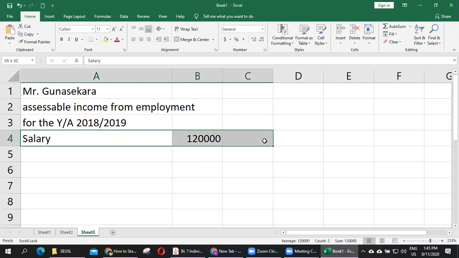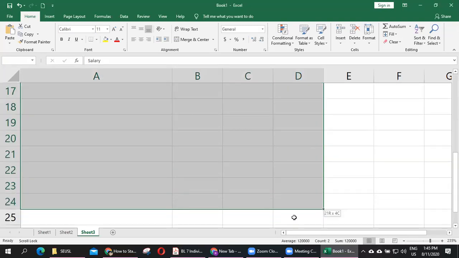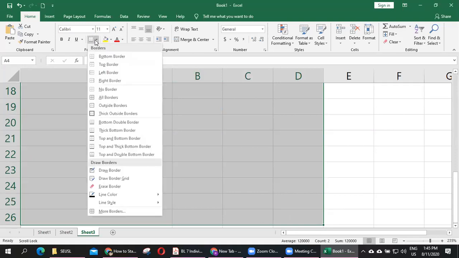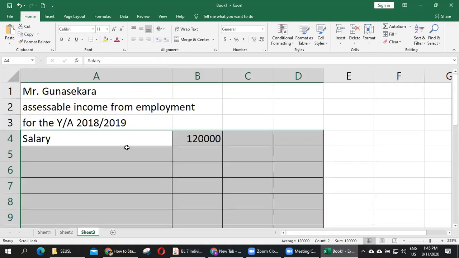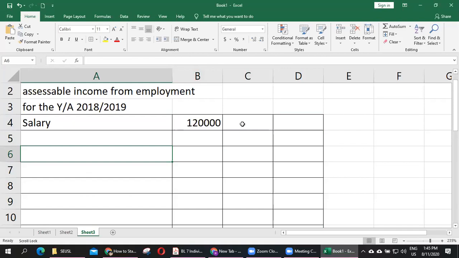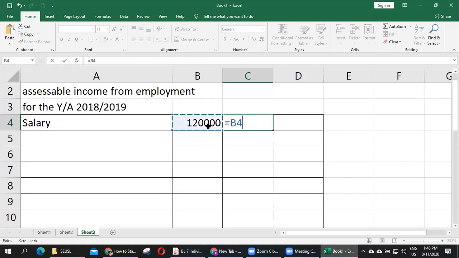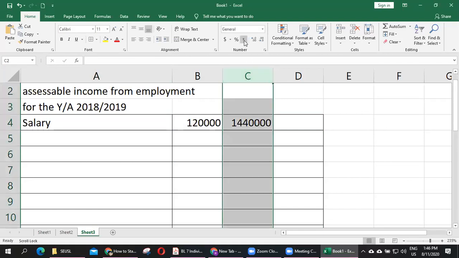Monthly salary. We are doing the calculation for the year, therefore we have to multiply this value by 12 months. Then we will get 1,440,000.